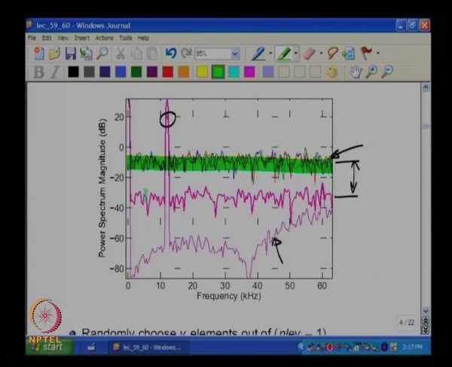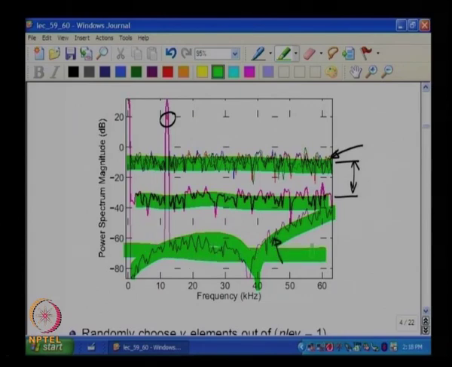One is the uncancelled noise due to mismatch plus the quantization noise, and clearly if the quantization noise is way below this mismatch noise, you will be limited by mismatch. And as you can see, the penalty is actually quite a lot. So, if you say that this is the average kind of noise floor in the signal band, you see that with mismatch even after randomization you are about 30 dB worse, that is 5 bits worse, alright.